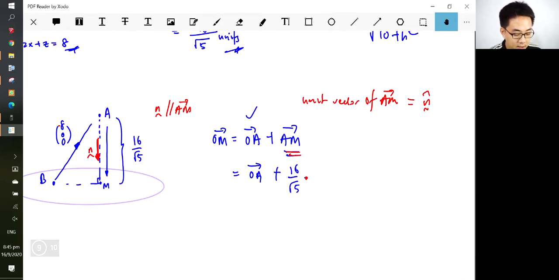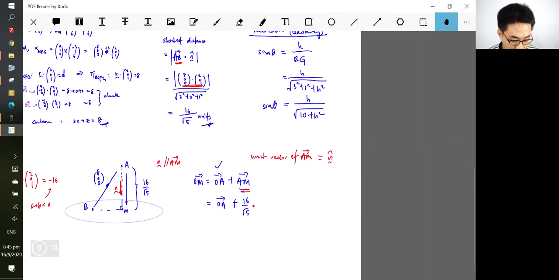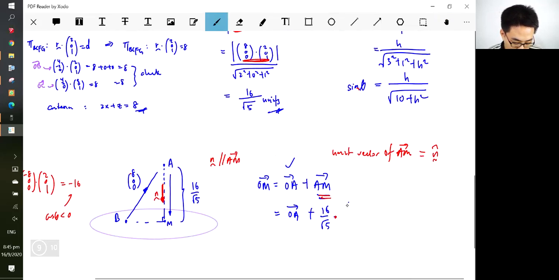For parallel vectors, the unit vector, one unit chopped off, is exactly the same. So this unit vector is 201 over square root of 2 squared plus 0 squared plus 1 squared, which is 201 over root 5.